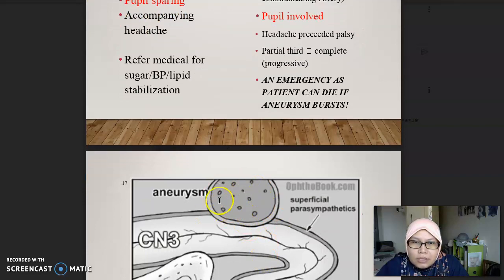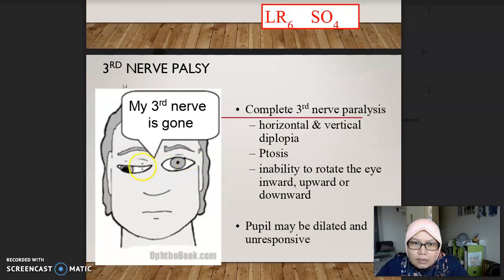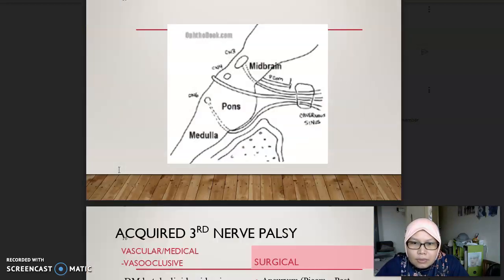So if you see a third nerve palsy like this with pupillary involvement, the patient definitely needs imaging, an urgent CT scan. The best is an urgent brain MRI, because you want to see whether there is any compression at the third nerve.